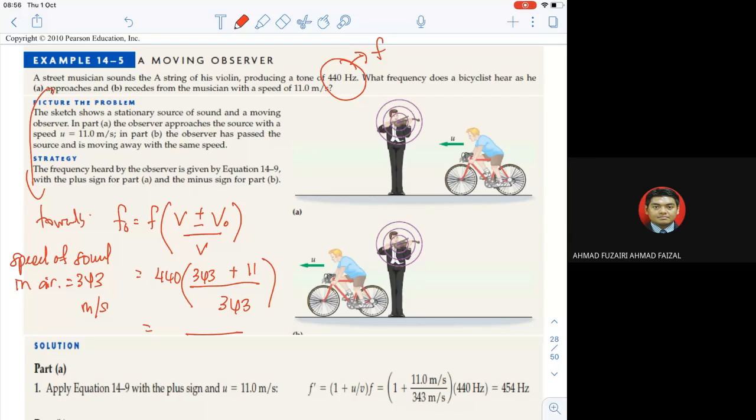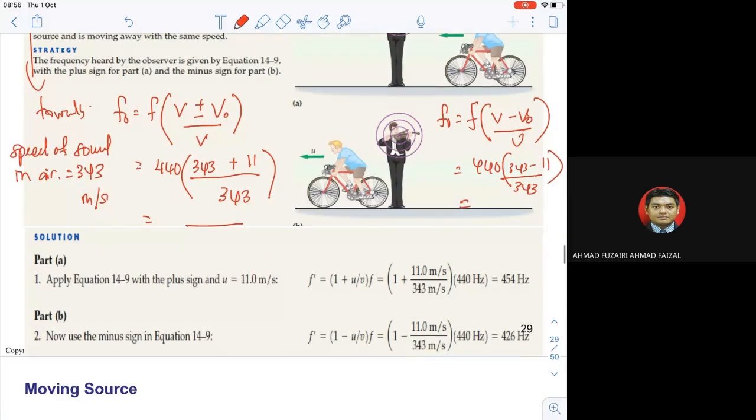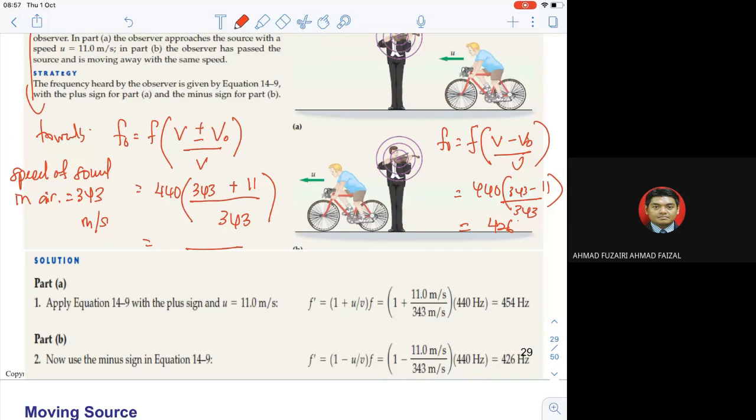If moving away, then f O equals f times V minus V naught over V. So 440 times 343 minus 11, divided by 343. You will have the value of 426 hertz, and for moving towards you will have 454 hertz.